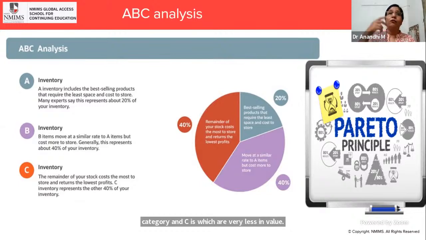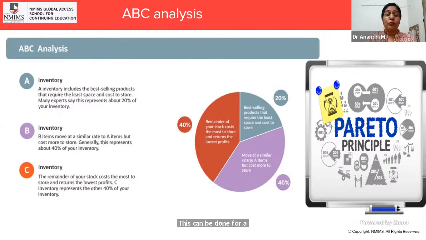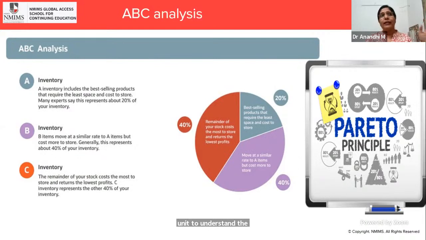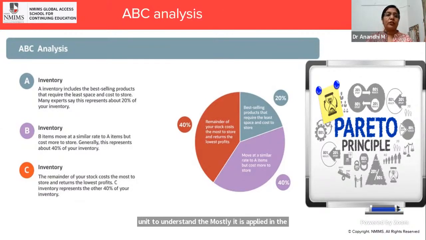This can be done for finished goods. ABC analysis can be applied for finished goods products in a retail unit to understand the level of sales also. Mostly, it is applied in the production unit in the manufacturing sector, where multiple components go as raw material inside a finished good, and classify the inventory under A, B, and C category.